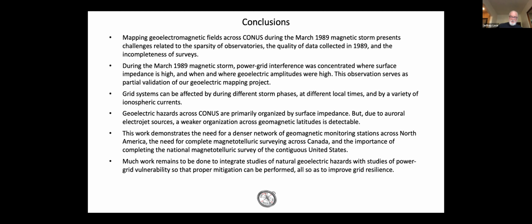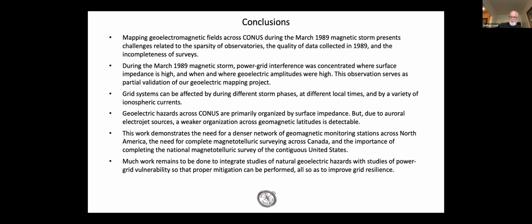There's a whole lot of work that remains to be done to integrate these studies, to understand power grid vulnerability in the United States. Certain parameters are actually not well known and are causing difficulties in analyzing the GICs that are actually realized on power grid systems. We don't know, for example, the grounding resistances at most of the substations across the United States.